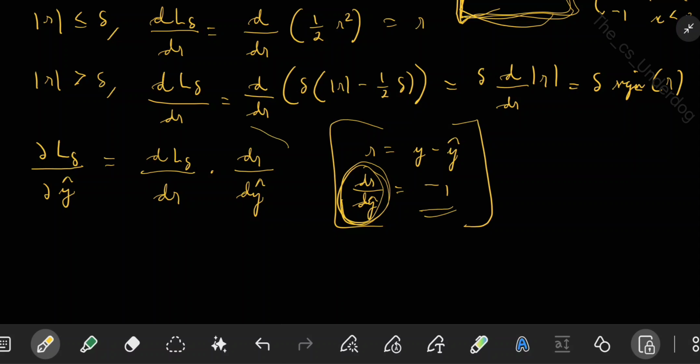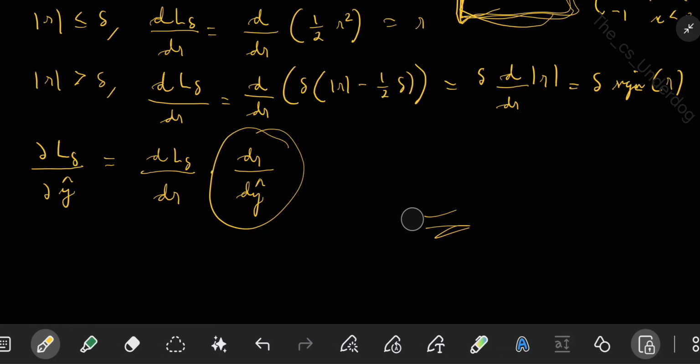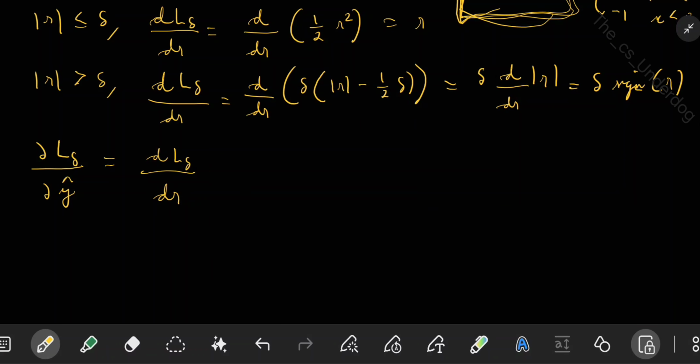What did you understand now? Instead of this, you can substitute minus 1. That means this term will become minus of dL_delta by dr. So whatever you got here, the negative of that is your actual derivative. So what is your del L by del y cap? This can be written as negative of whatever you got here.